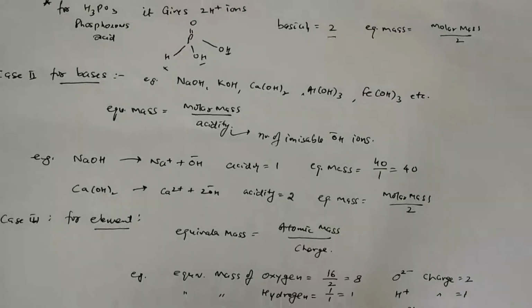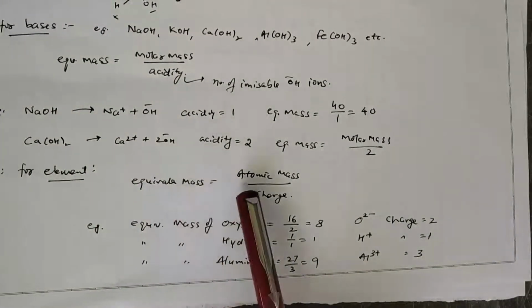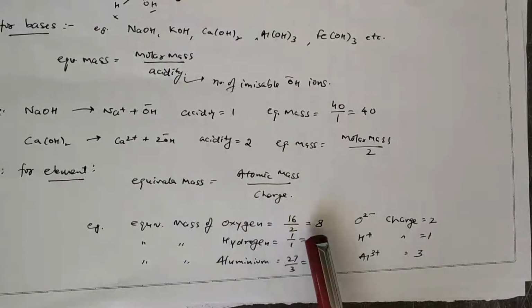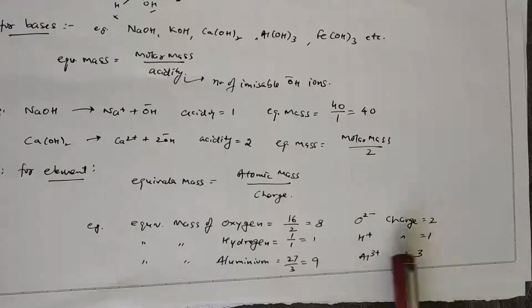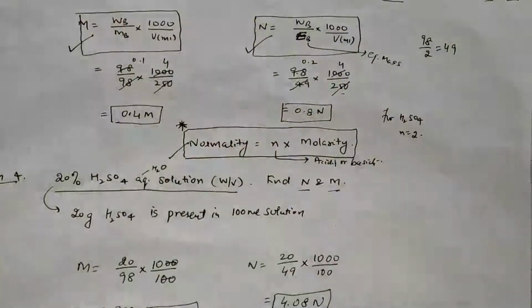The third case is for elements. For an element, equivalent mass equals atomic mass by charge. For example, the equivalent mass of oxygen is 16 upon 2, that is 8, because oxygen has 2 charge. Hydrogen has 1 charge, divided by 1. Aluminium has 3, so aluminium has equivalent mass equal to 9. So these are the methods by which we can calculate the equivalent mass.